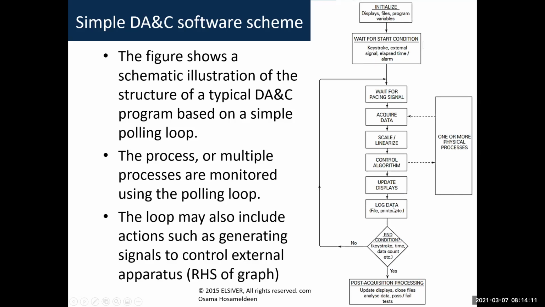This loop continues until all the data needed from the outside world is transferred to the computer. This is the typical software scheme in any computer dealing with the outside world.